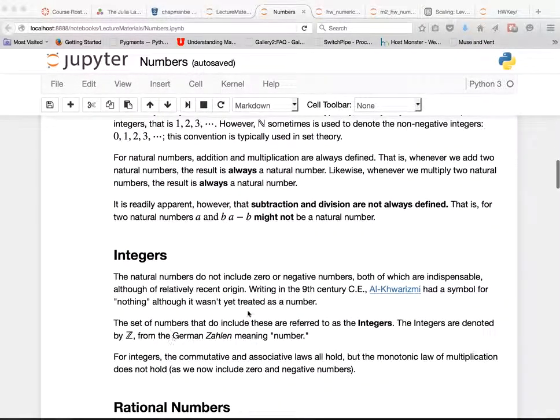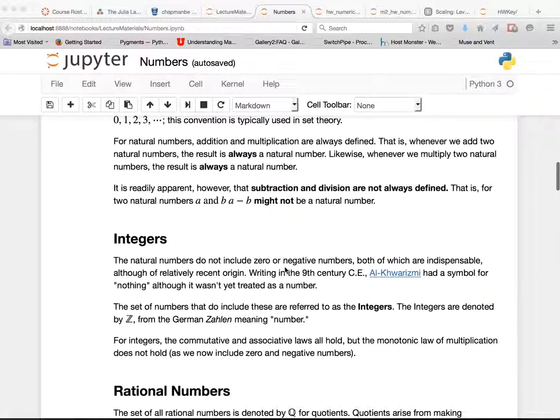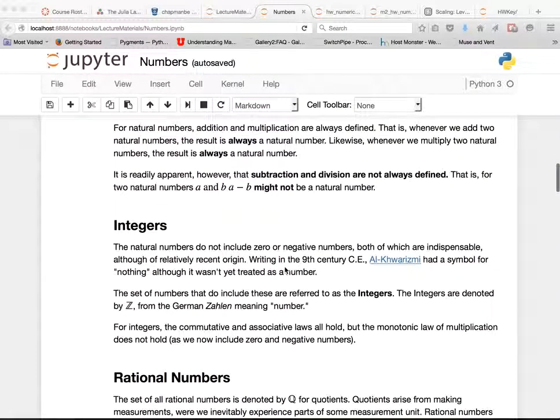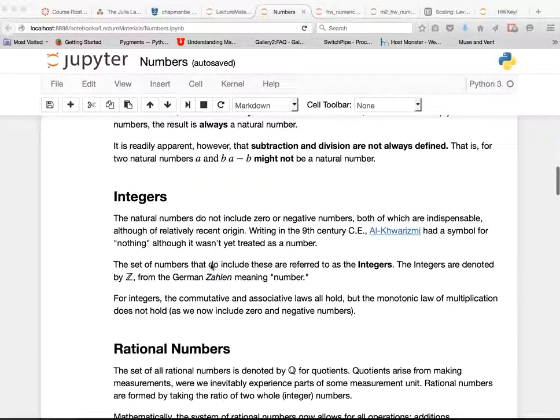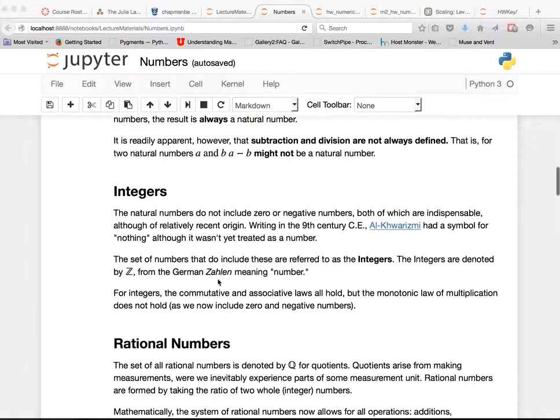Integers come when we include 0 and negative numbers. These concepts date back to the 9th century. The symbol for integers is Z, from the German, I'm not a German speaker, Zahlen, meaning numbers.